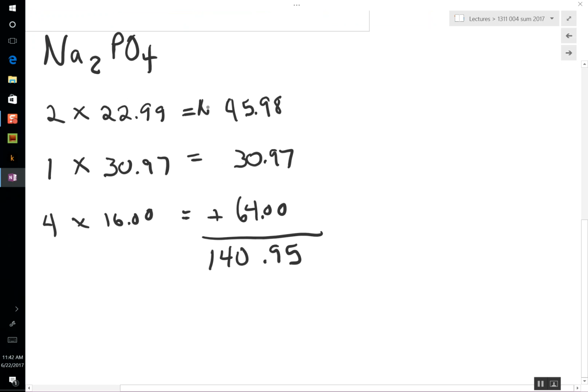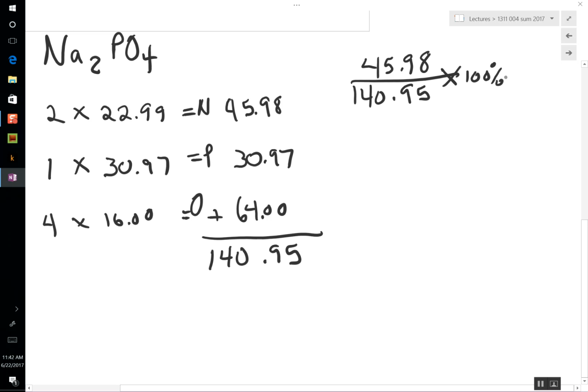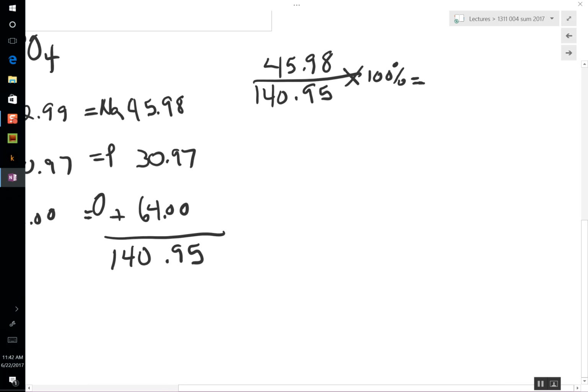Well, what would be the percent sodium in there? Now this is sodium, phosphorus, and oxygen, just to keep track of it. Well, 45.98 grams of the 140.95 grams is sodium. So your percent sodium is what?